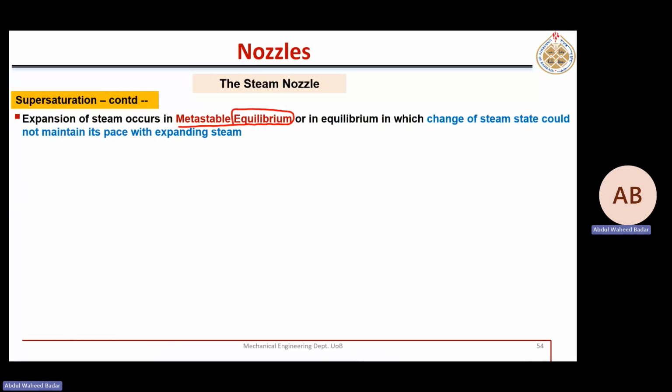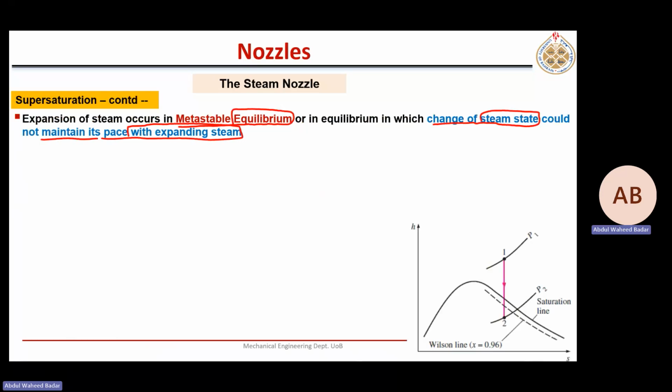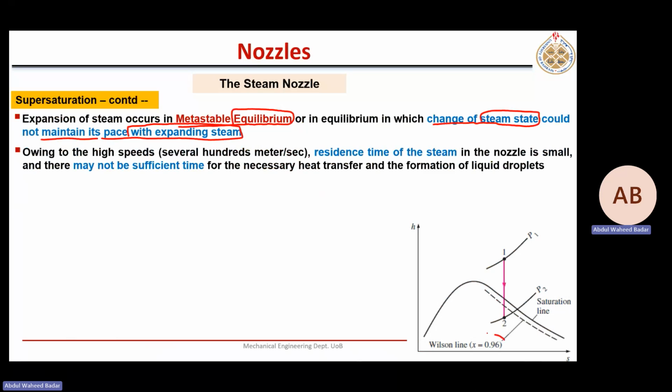Normally we say it is equilibrium expansion throughout, but this expansion with delayed condensation is called metastable equilibrium because the change of steam state could not maintain its pace with the expanding steam. The change in state is delayed, and it will condense somewhere at x equal to 0.96, within the nozzle, outside, or right at the exit.